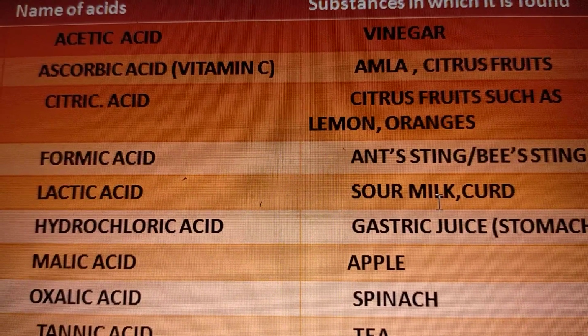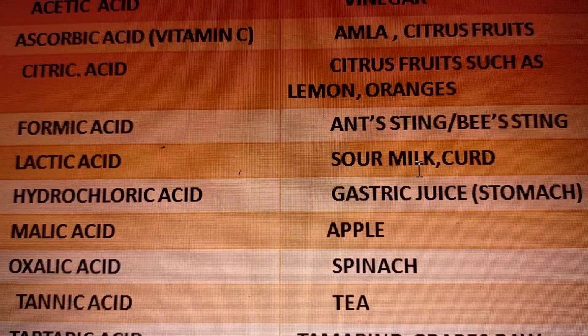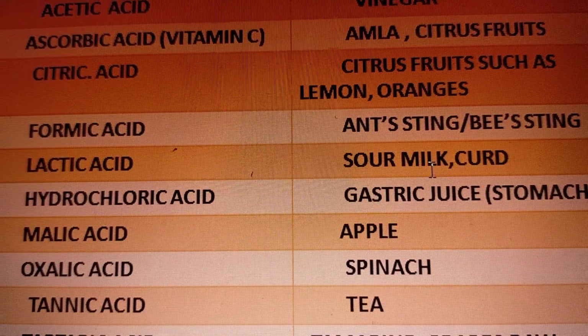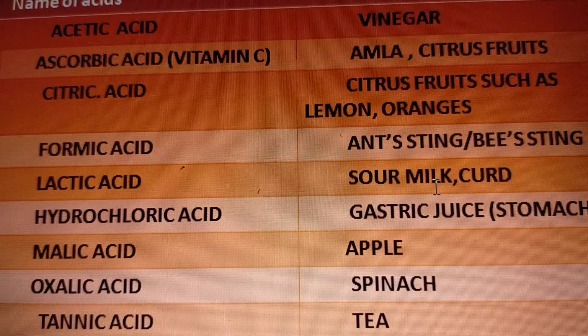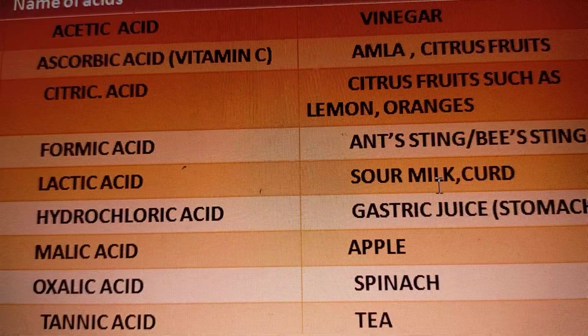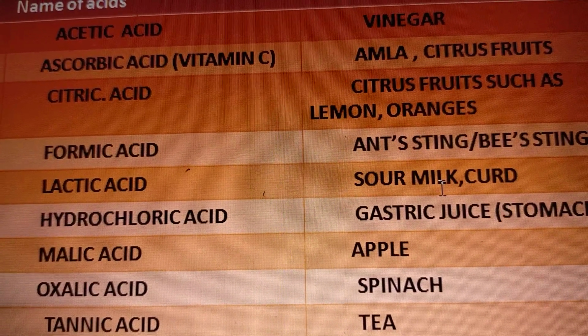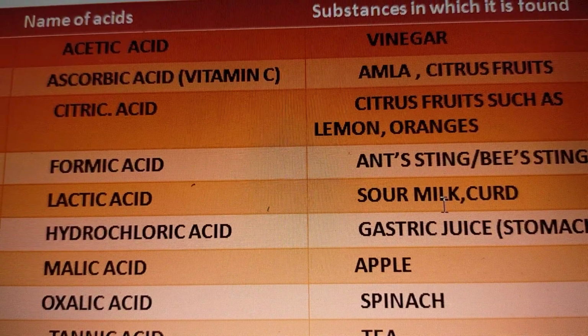Hydrochloric acid is present in gastric juice, which is present in our stomach. If you remember, I have taught you in chapter number 2. Gastric juice is present in our stomach, so it contains hydrochloric acid. Malic acid, apple. Oxalic acid, spinach. Tannic acid, tea. Tartaric acid, tamarind, grapes, raw mango.